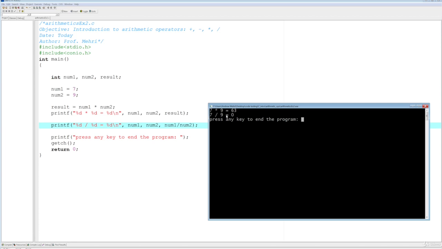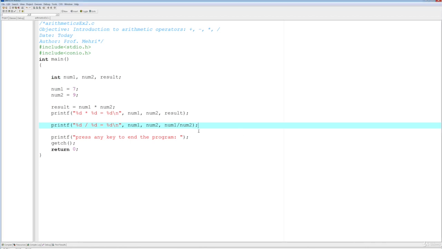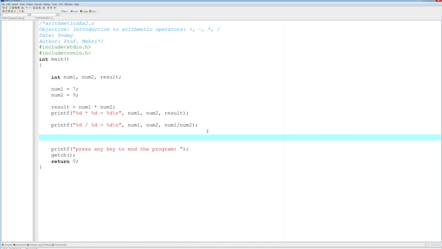Is there a workaround to this where we can divide two integers and get a float? Yes. Converting the division itself to a float is not going to make a difference. So that means if you made result float and you divided 7 by 9 as integers into it, you will still get, let me prove the point.